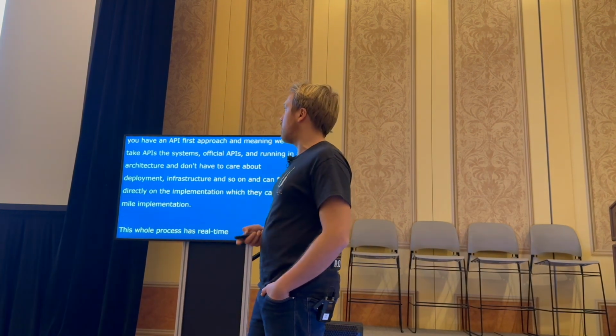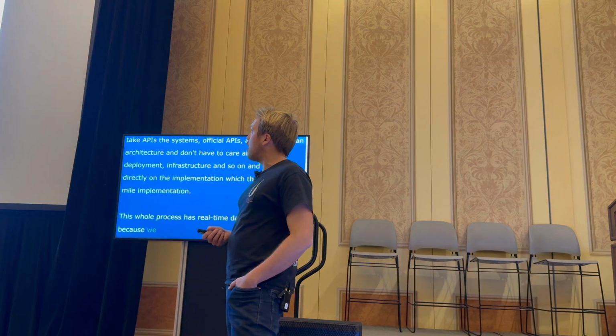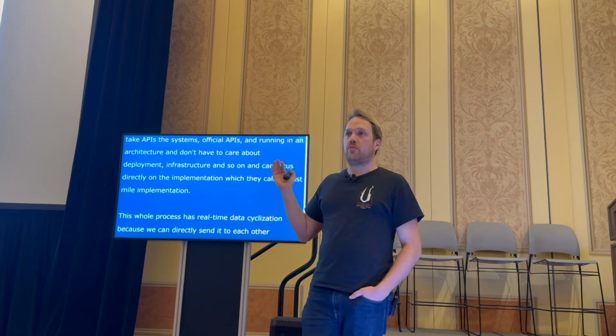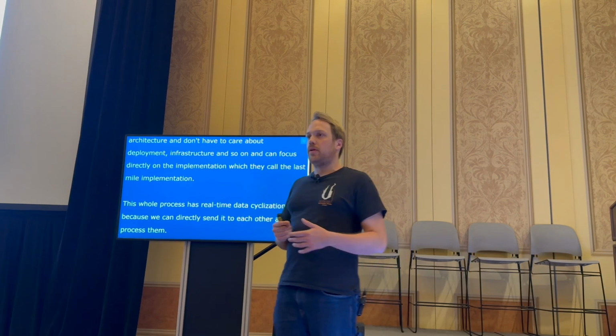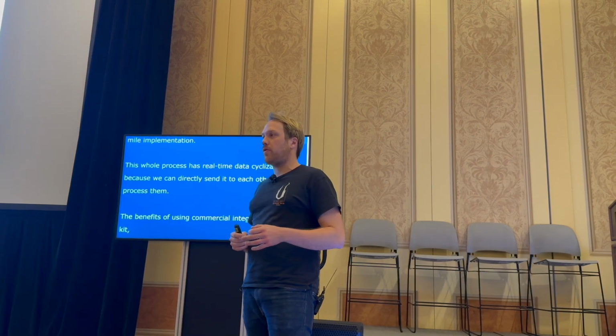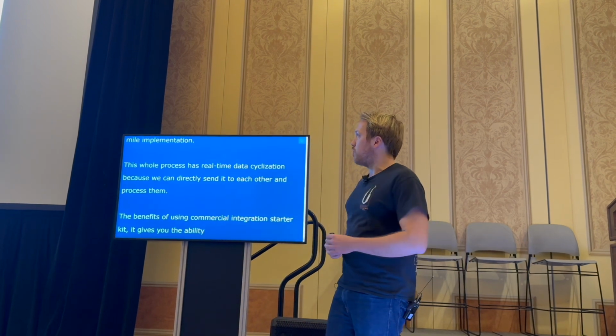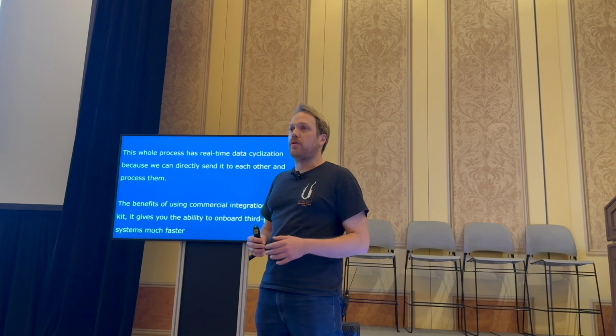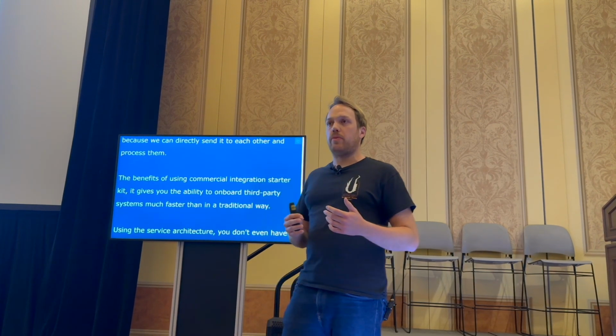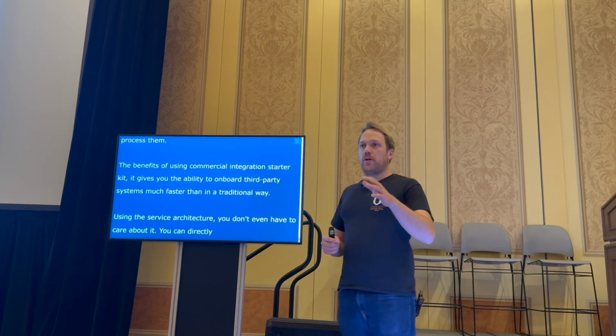So in general, the benefits of using the Commerce Integration Starter Kit give you the ability to onboard third-party systems much faster than in a traditional way. You are using a serverless architecture, so you don't even have to care about it. You can directly start with the CLI tools to implement your 50 lines of code and deploy it into the cloud, right?